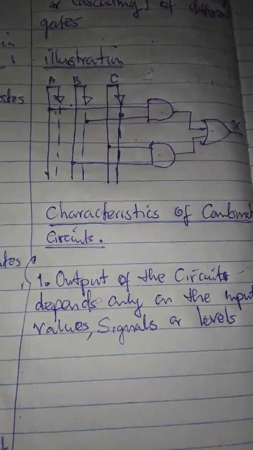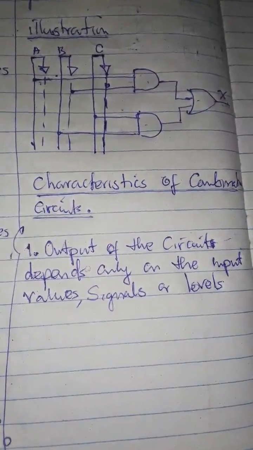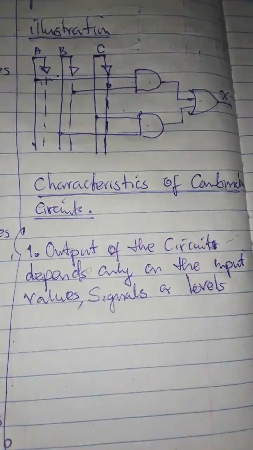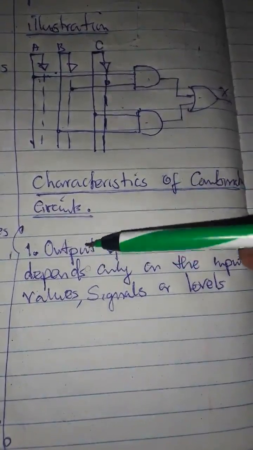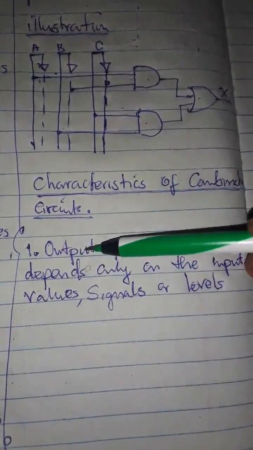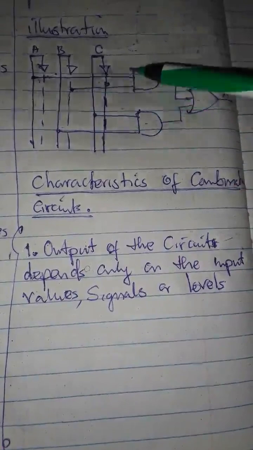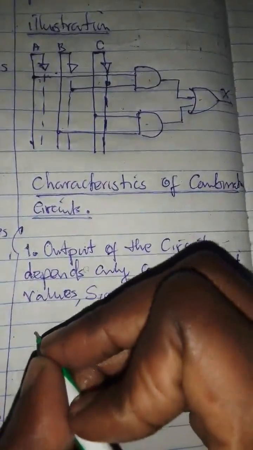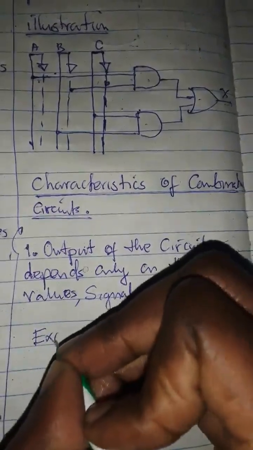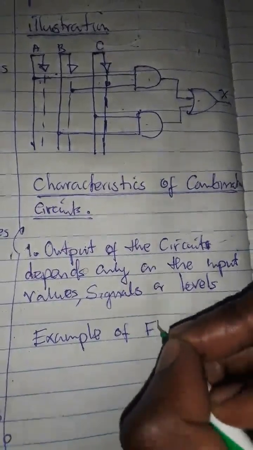Unlike in other circuits, for instance sequential circuits, when you talk about flip-flops and latches, in a flip-flop the output does not entirely depend on the inputs that you put into the circuit. I'll give an example of a flip-flop.